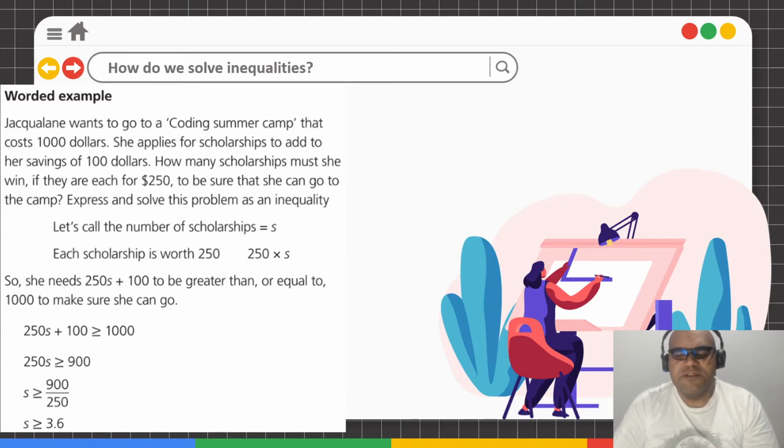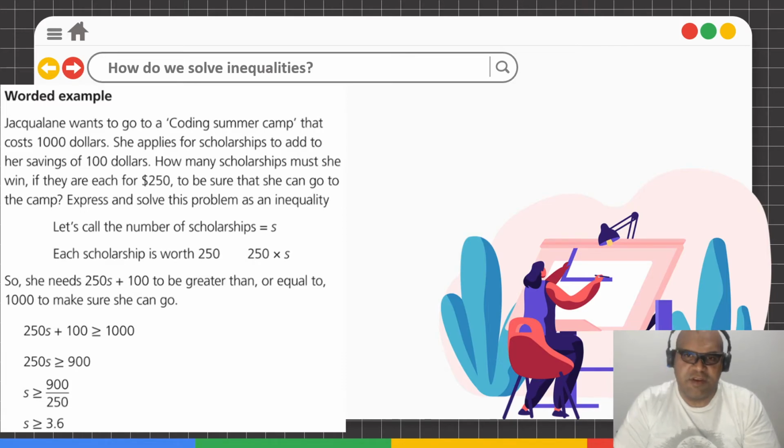Let's call the number of scholarships S, and each scholarship is worth 250 times S. So she needs 250 S, or scholarships, plus 100. Why 100?